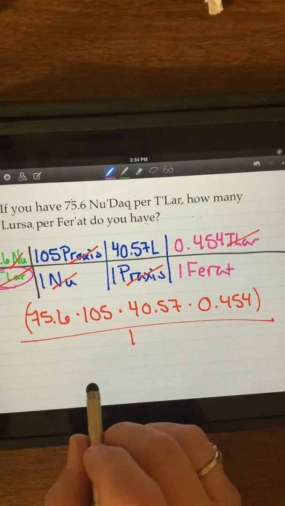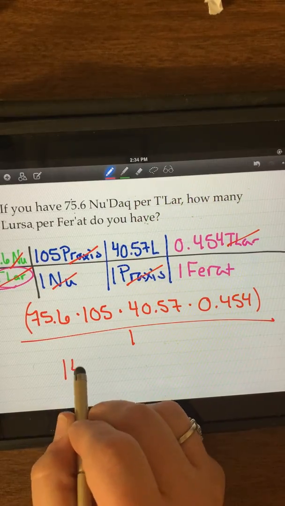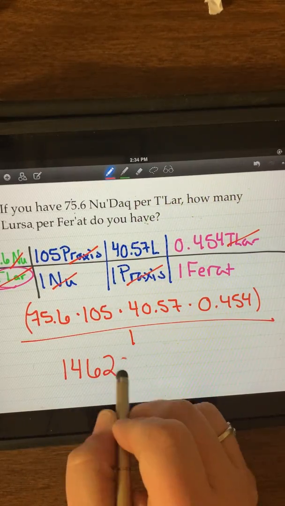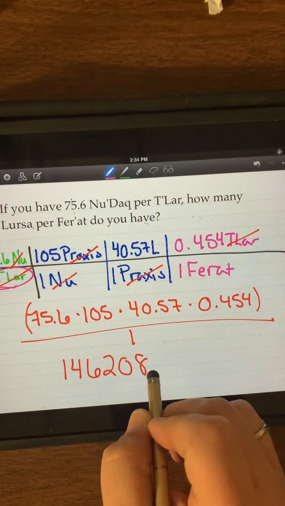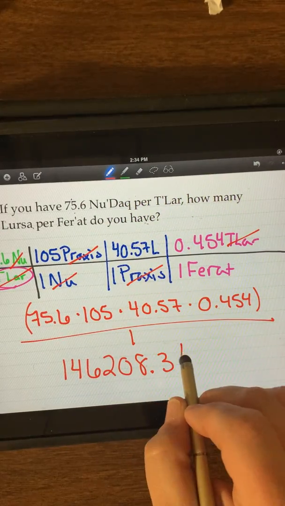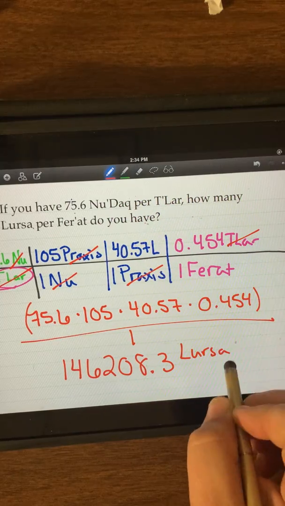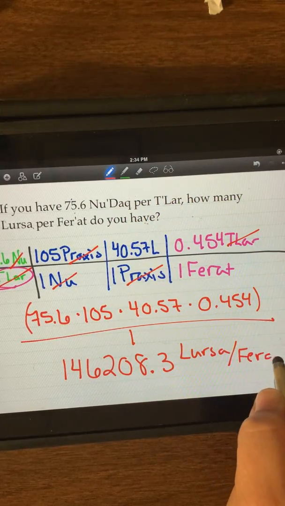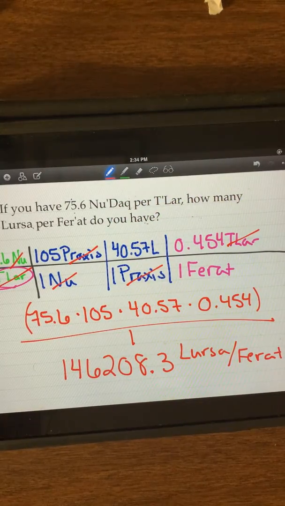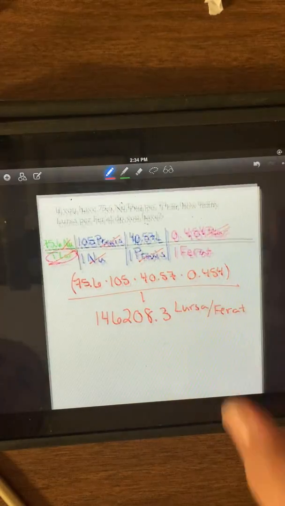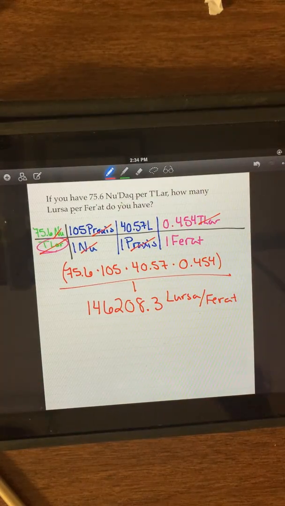I'm only going to have 1 past the decimal. And I get 146,208.3 lursa per ferat. And that is how you handle the Star Trek dimensional analysis, which prepares you for stoichiometry.